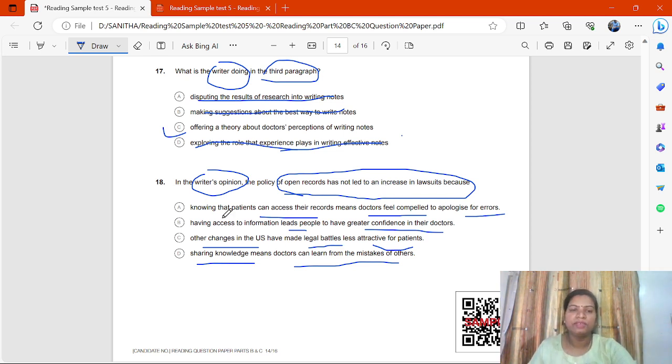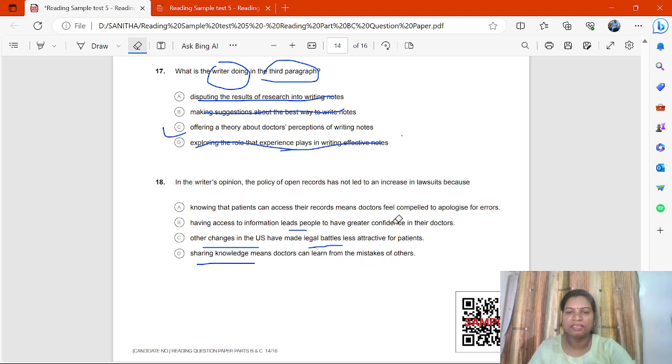First, knowing that patients can access their records means doctors feel compelled to apologize for errors. Is it said anywhere that the doctors feel compelled? You can see clearly, I will erase this. Have you seen this point anywhere?